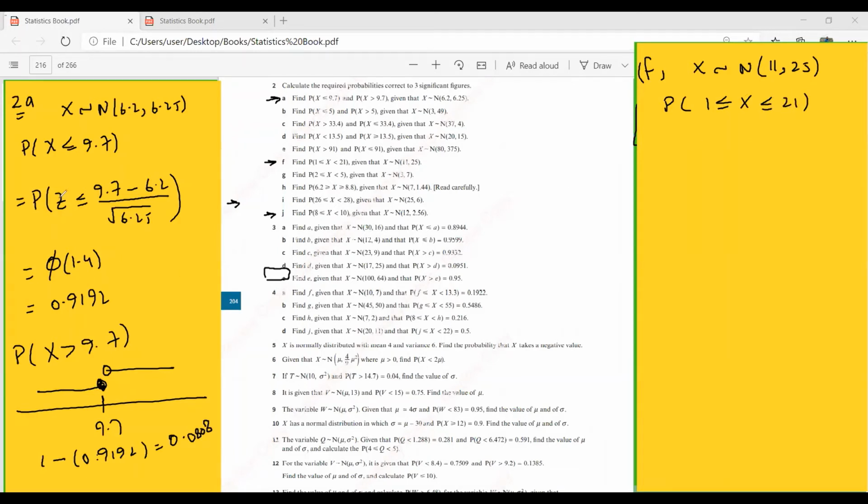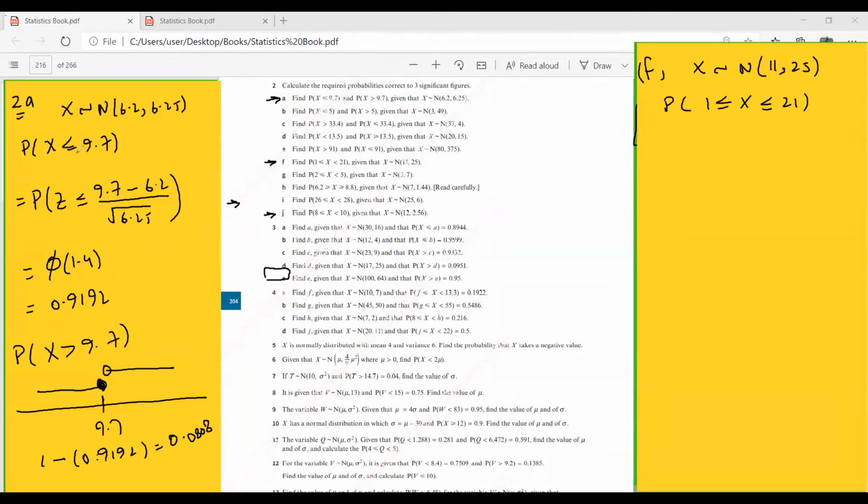Whenever we are dealing with the normal distribution, this is all about continuous data, so there is no harm whether you put this equal mark or not. But if you have got the probability less than or equal to 9.7, and then you define the probability X is greater than 9.7, it's really nice to use the equal sign with only one of them.